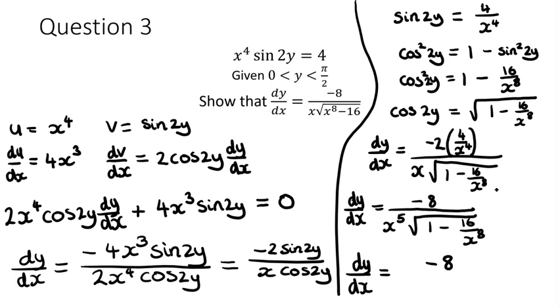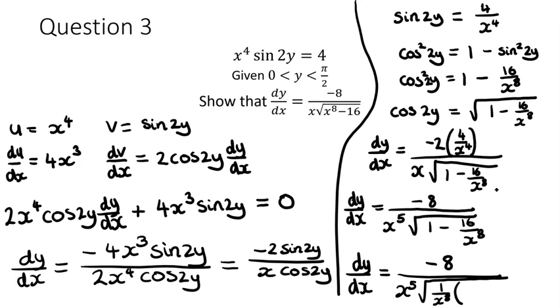So in this square root bit, I can see I've got 1 minus something. The answer is x to the power of 8 minus 16. So what I'm going to do is take out a 1 over x to the power of 8.